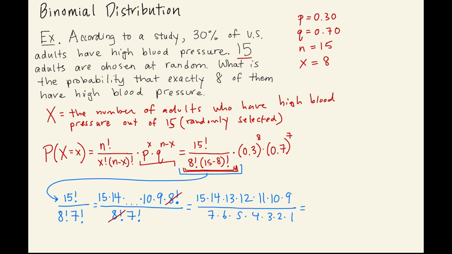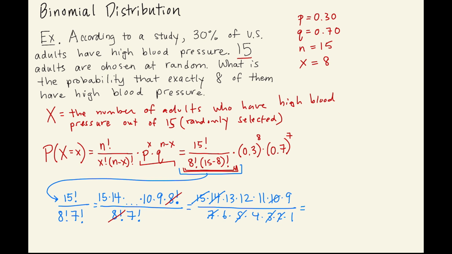And now I'm going to start to cancel. I can see a 15 in the numerator and a 5 times 3 in the denominator. I can also see a 7 and a 2 in the denominator. 7 times 2 is 14, so I can cancel the 14 up here.